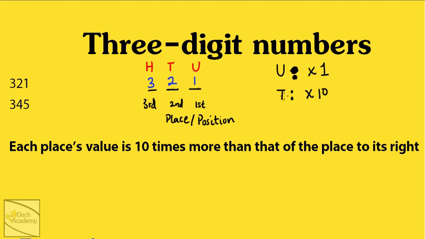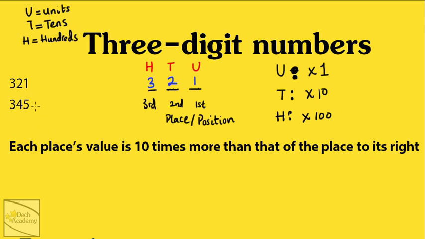So take note of T for tens. T is for tens and H is for hundreds. If you want to find the value of a digit in the hundreds place, you just have to multiply that digit by 100. So U is units, T is tens, and H is hundreds.